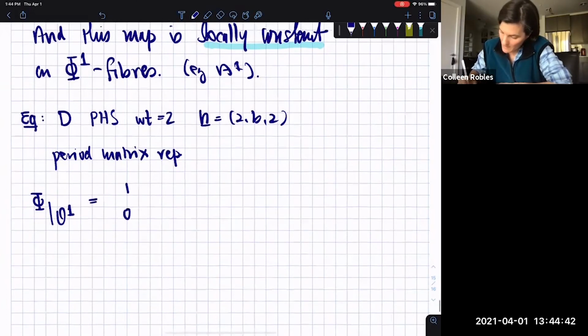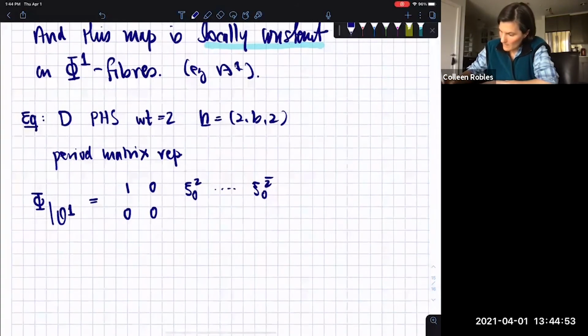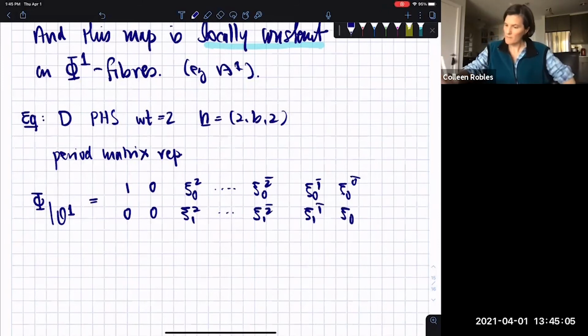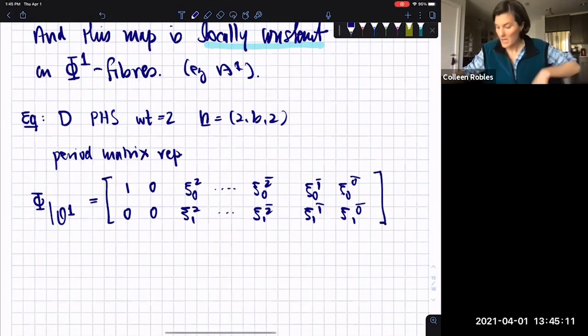So as I wrote last time, we get something like this, and then we have 2 columns, and it doesn't really matter how these are indexed. Let's write the period matrix like that.